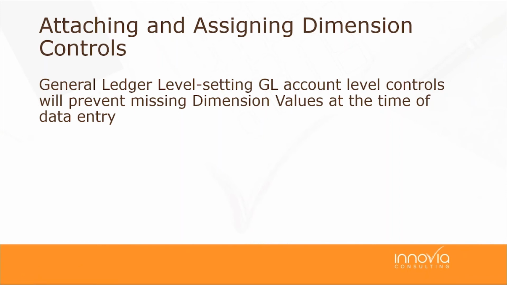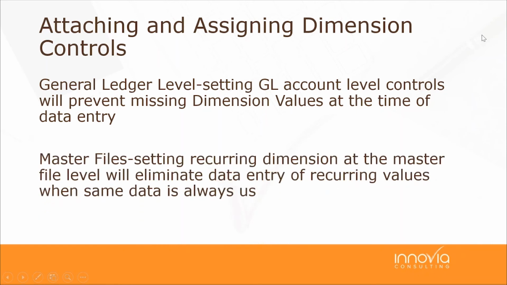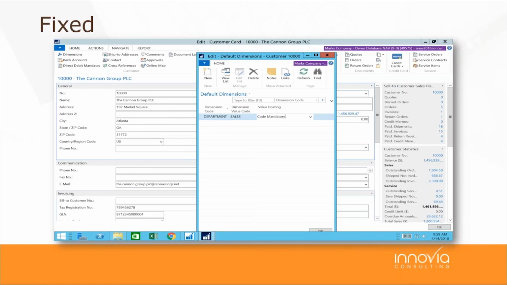Okay, so this is just a little more verbiage about what I was saying here. Attaching and assigning dimension controls at the general ledger level, setting GL account level controls, will prevent missing dimension values at the time of data entry. And master files, which I did show you with the customer card, setting recurring dimensions at the master file level will eliminate data entry of recurring values when the same data is always used.